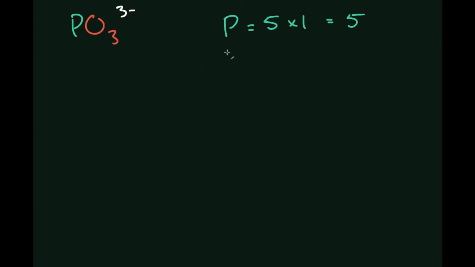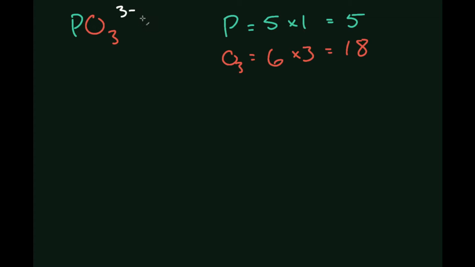So now what about oxygen? So we have O3, so oxygen is going to have 6 valence electrons, and since we have 3 of them, we'll multiply it by 3. So 6 times 3 is 18. Now remember, for an ion, if the charge is negative, we're going to add the charge. If it's positive, we'll subtract the charge.